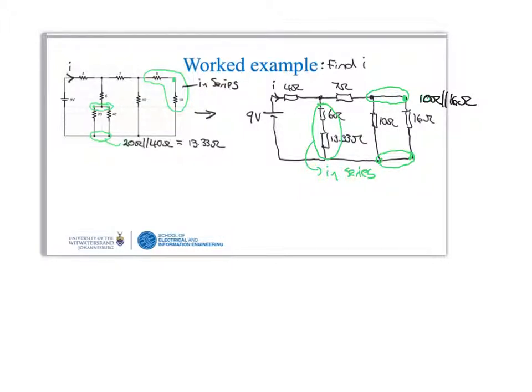And so we can redraw our drawing again, and this time we've still got the 9-volt battery, and we've still got the current I flowing through the 4 ohm resistor. We've combined those two, so we've got 19.33 ohms.